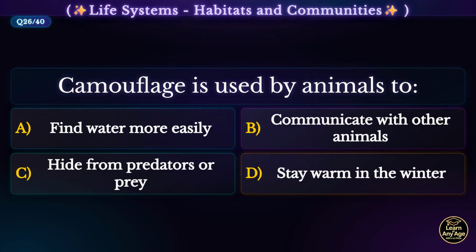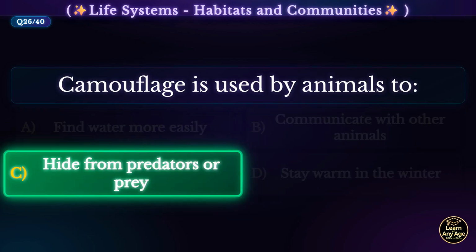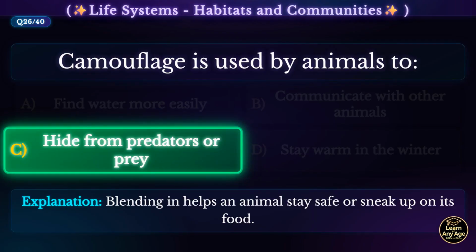Camouflage is used by animals to find water more easily, communicate with other animals, hide from predators or prey, stay warm in the winter. Hide from predators or prey. Blending in helps an animal stay safe or sneak up on its food.